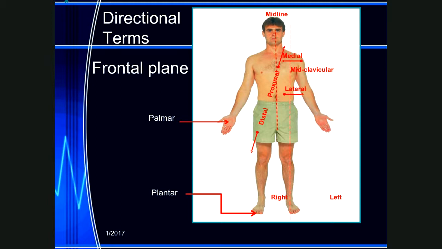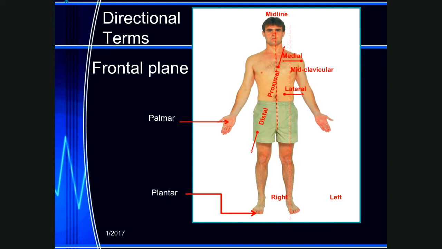The term bilateral refers to both sides of anything. We have bilateral arms, right and left arms, bilateral legs, right and left legs, bilateral eyes. But where this comes into play, especially, is when we're talking about injury patterns or breaths.